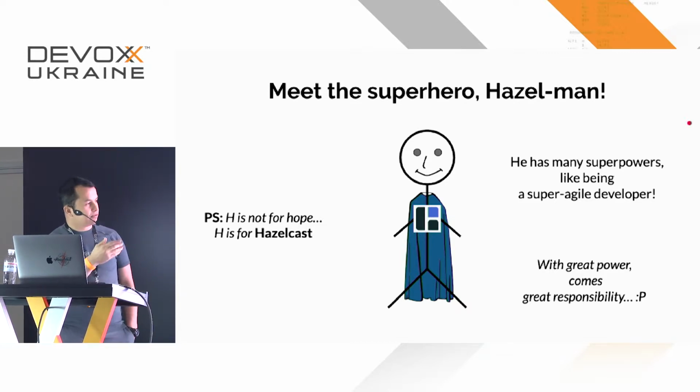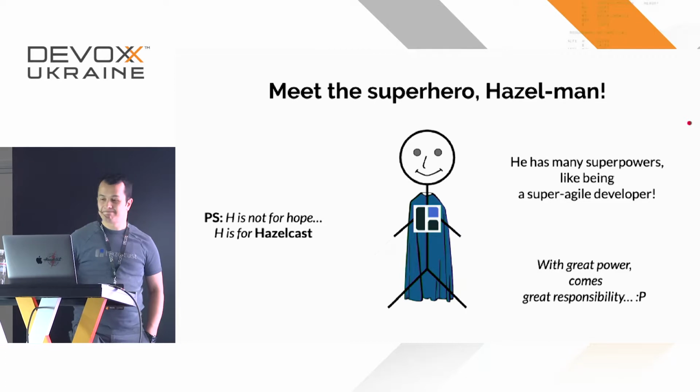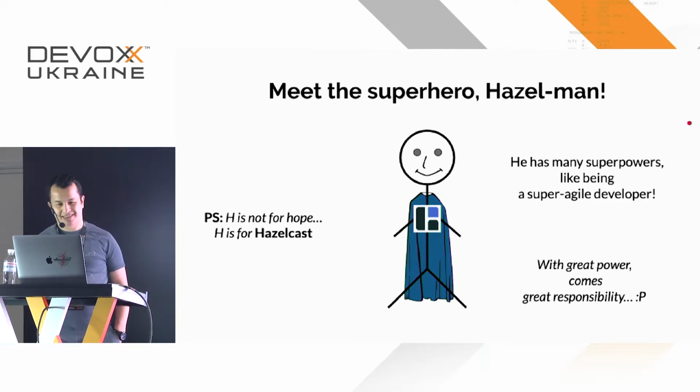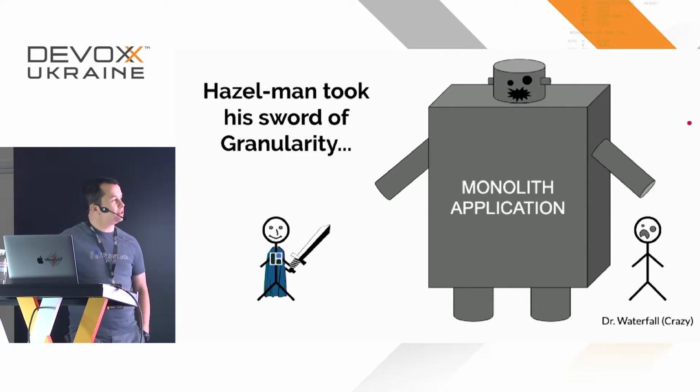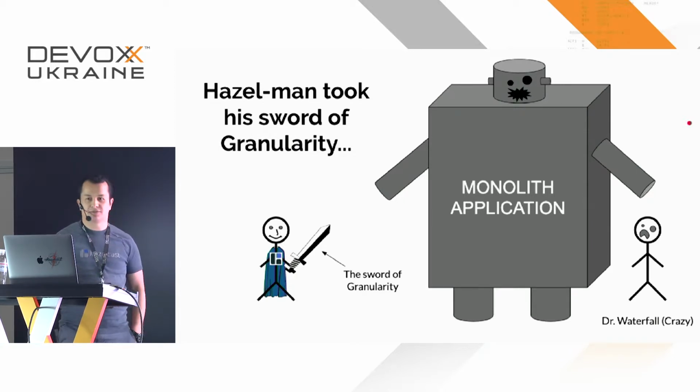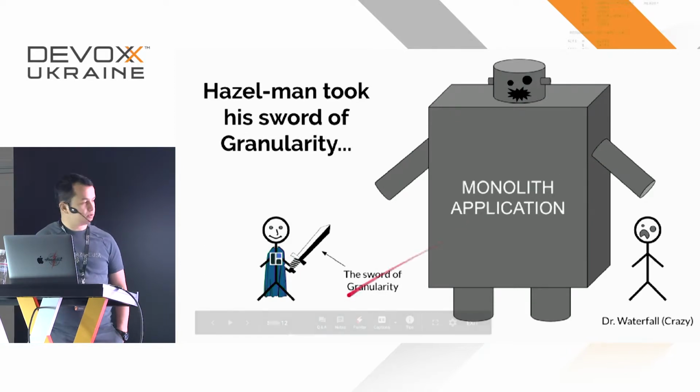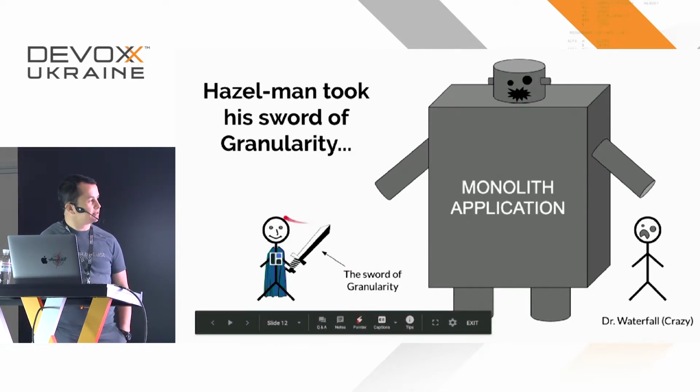And as you all know, with great power comes great responsibility. To deal with the monolithic application, Hazel-man took his sword of granularity. This is the sword of granularity, you can see it here.